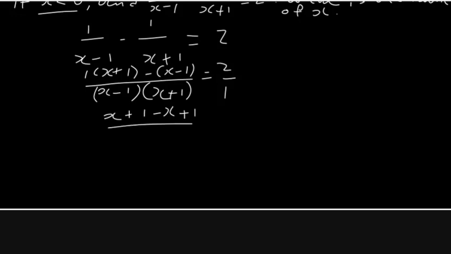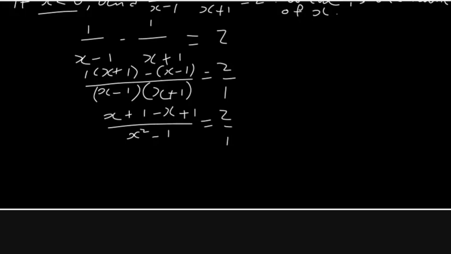This is divided by x squared minus 1, the difference of two squares. That's what happens in the denominator. Remember that the 1 is 1 squared, which is still 1. So this is equal to 2 over 1.